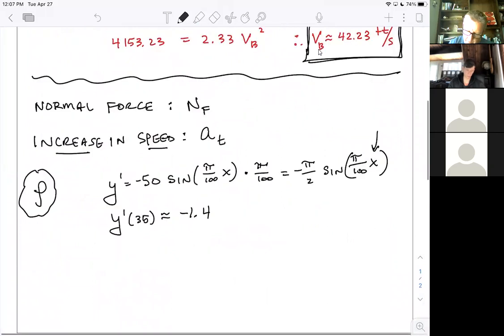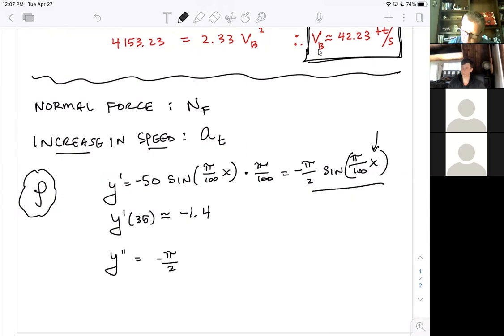And the radius of curvature formula, rho, called for the second derivative too. So if I continue, the derivative of sine of junk is cosine of junk. And the constant pi over 2 comes along for the ride.